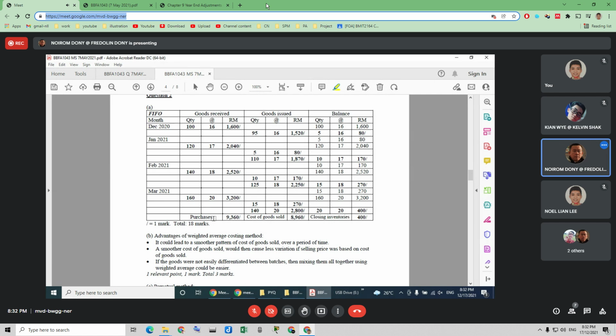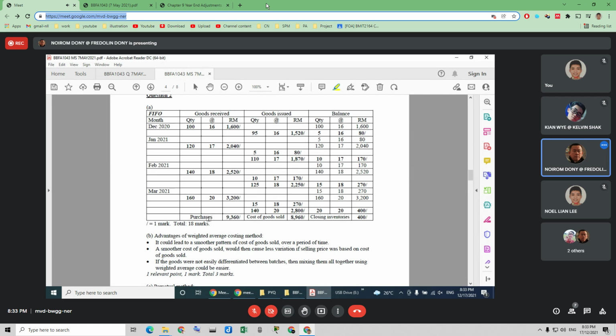Now, how do we record? Because you are given 4 months here, just do the recording. December 2020 is the opening balance. So we have 16 as the price of wheat, then goods received for each month, 100, and goods issued to the factory for production each month in bushels, 95.